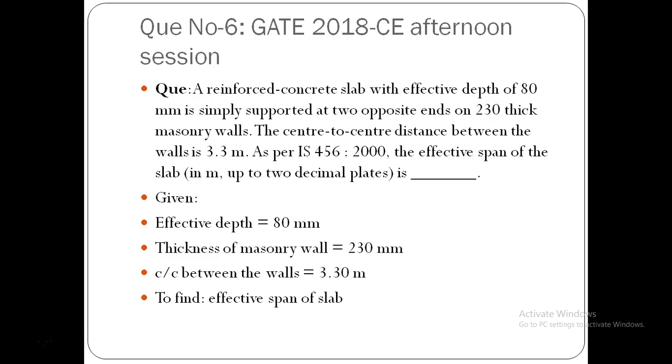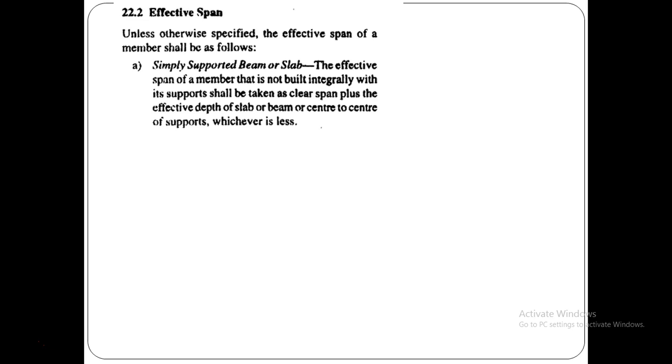So the clause related to IS 456, this is what the question setter wants to know, whether the student is able to recall the particular clause and accordingly can calculate effective span of this slab. So student has to know what that clause means.